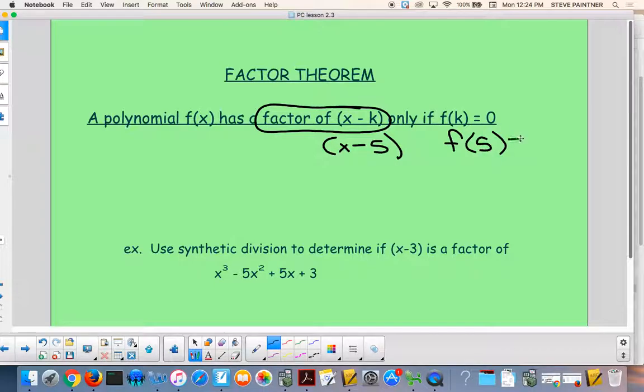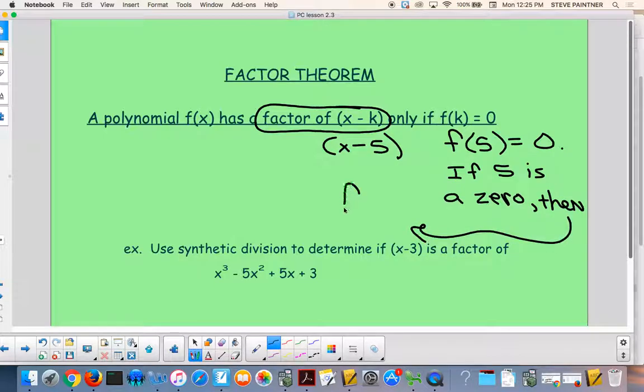5 equals what? 0. Okay, so what they're saying to you is this. If 5 is a 0, then we know there's a factor. And what's the factor? If 5 is a 0, it's going to be x minus 5.